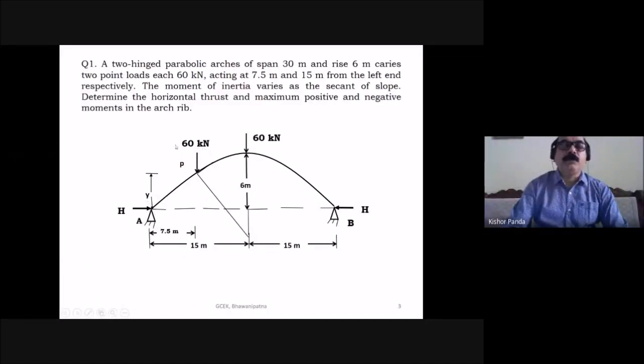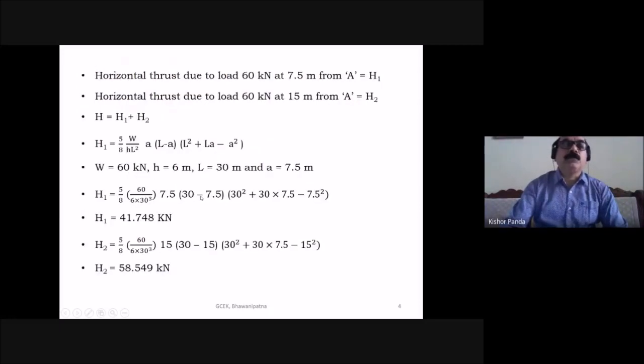You have to find the horizontal thrust due to this 60 kilonewton and due to the other, and the total horizontal thrust is H. So here, the horizontal thrust due to 60 kilonewton at 7.5 meter from A, you denote by H1. Then the horizontal thrust due to the 60 kilonewton load at 15 meter from A is H2. The total horizontal thrust at the support is H equals H1 plus H2.